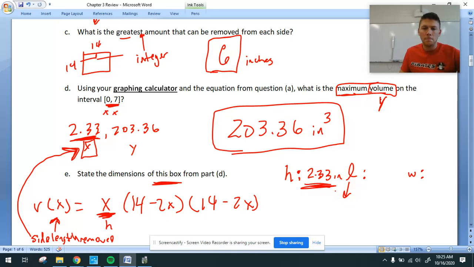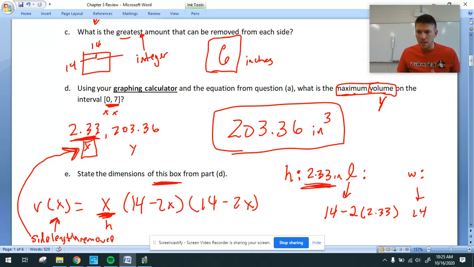The length is 14. But then remember, what this is saying is you're taking off 2.33 from this corner, and you're taking off 2.33 from this corner, so what's left over? If it's originally 14, but then I have to take off twice 2.33. And the same thing with the width.